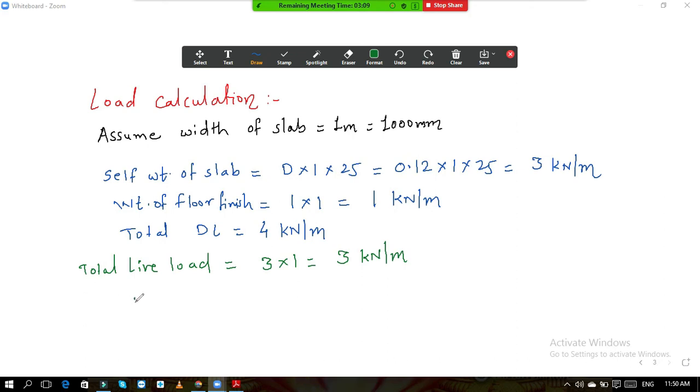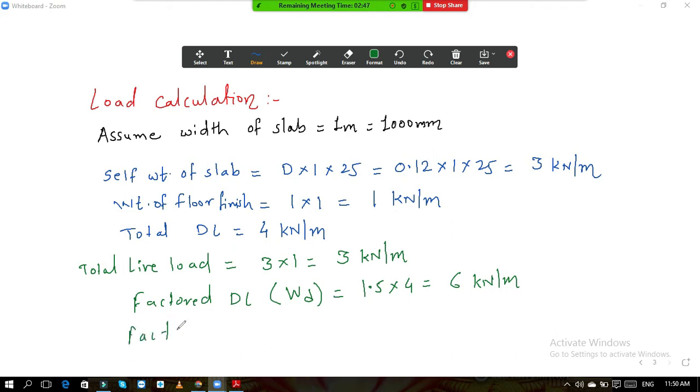So now calculate the factored dead load, or it is called the ultimate dead load, WD, which is 1.5 into 4. This comes out to be 6 kilonewton per meter.